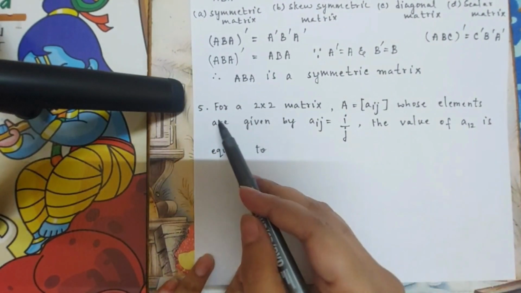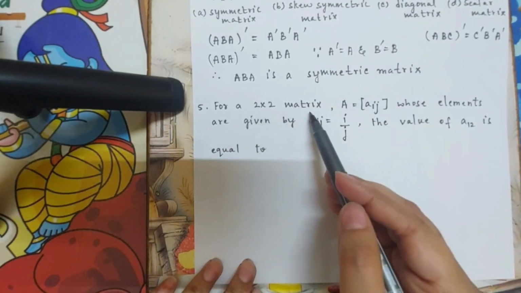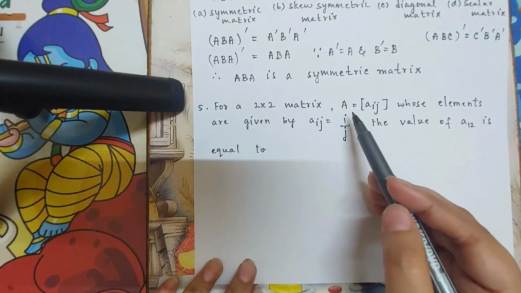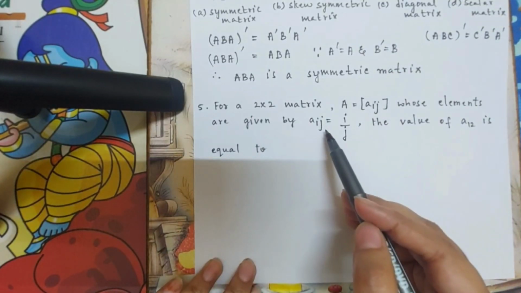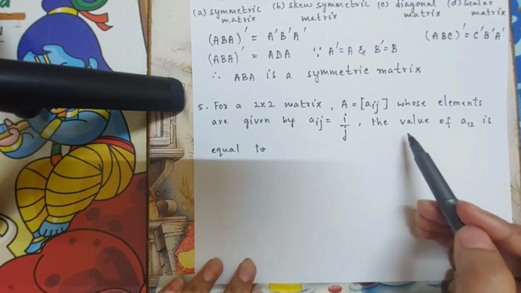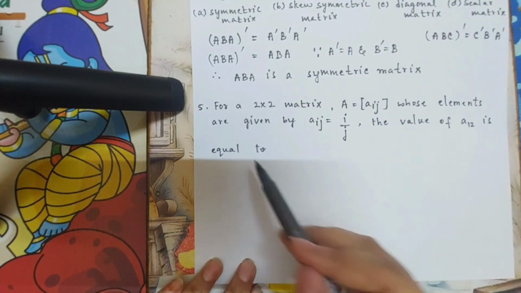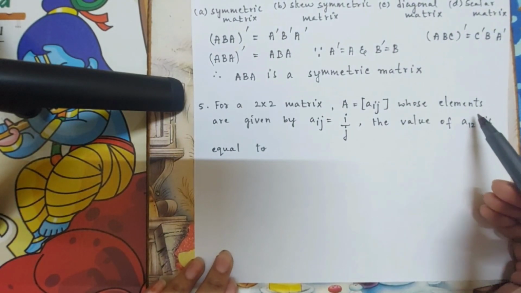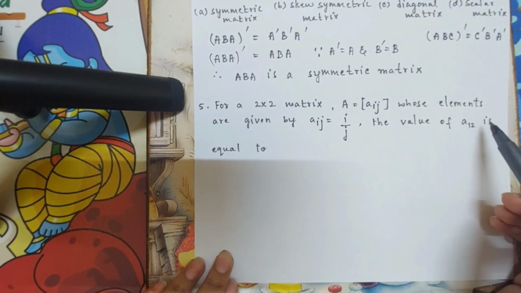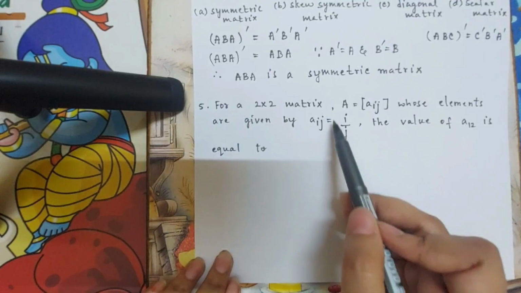Now the next question is, for a 2 cross 2 matrix A equal to Aij, whose elements are given by Aij equal to i by j, then the value of A12 is equal to. So in this question we are supposed to find the value of A12. See, basically we know that each and every element of a matrix can be represented in the form of Aij.